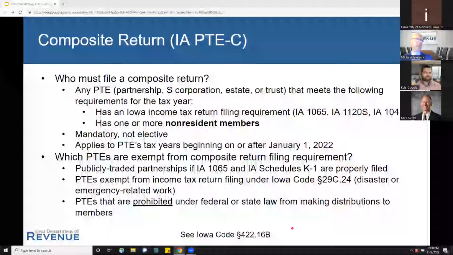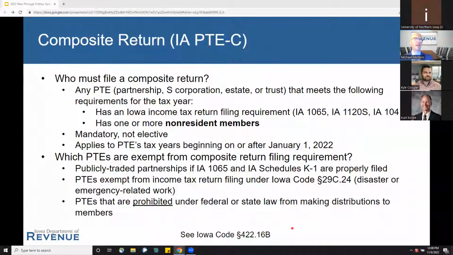If they meet that limited income tax exemption because they're here to do disaster emergency related work, they are also exempt from the requirement to file a composite return for that tax year. And finally, any pass-through entity that is prohibited under federal or state law from making distributions to its members will also be exempt from the composite return filing requirement to the state of Iowa.